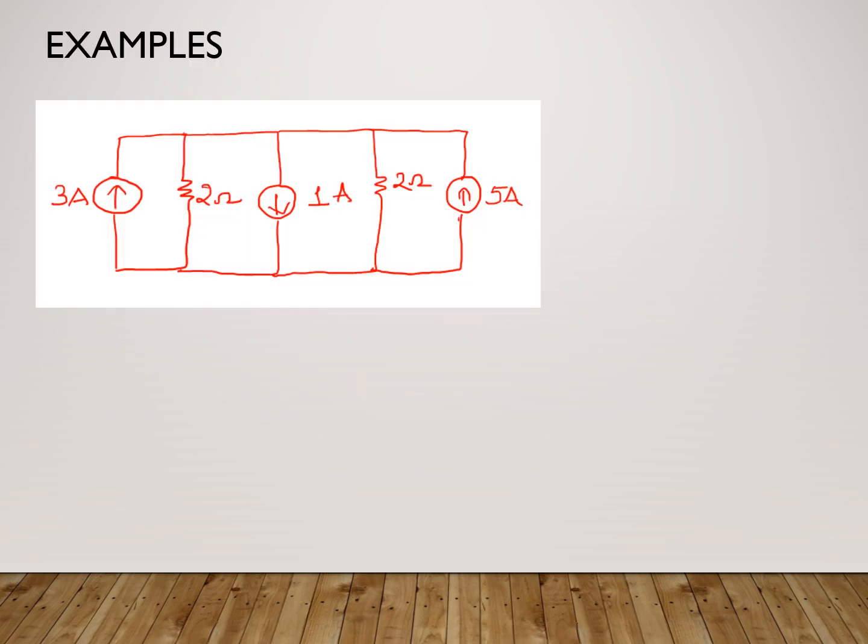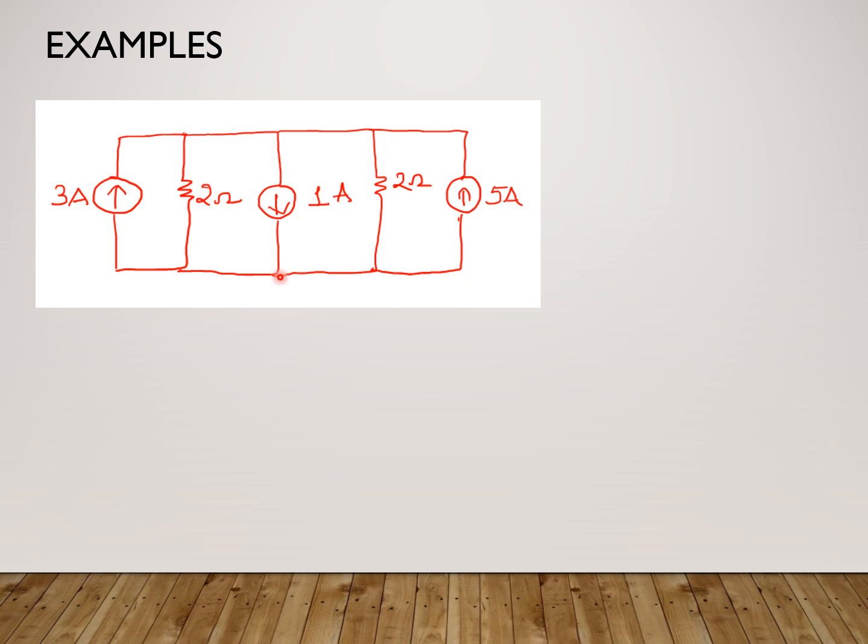So now let's see. This problem is on current sources which are connected in parallel. You can see that there is a 3 ampere source and a 5 ampere source in the same direction, and at the same time there is a 1 ampere source in the opposite direction, but all are connected in parallel.